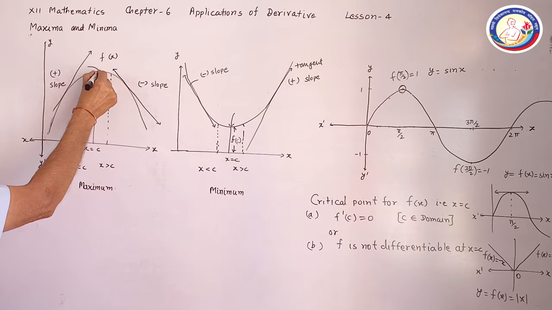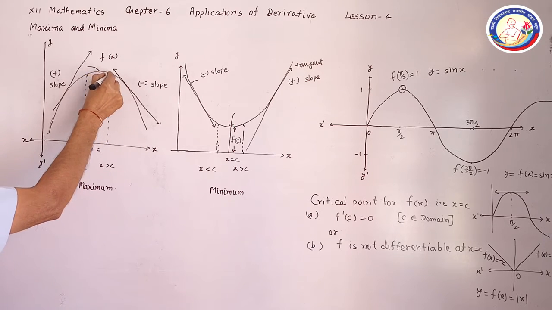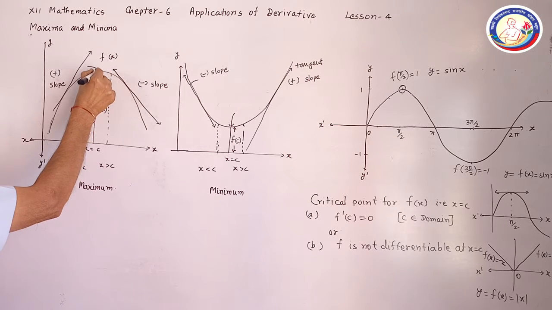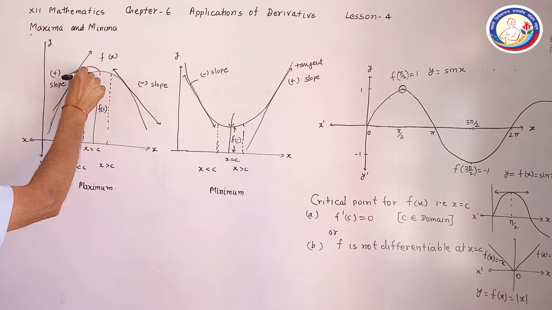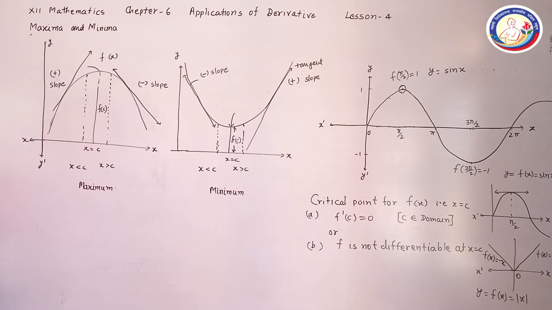This is the peak point; from here to here the values are less than f(c), and here also f(x) is less than f(c). So this is called a point of maximum, and this height, the value of the function at c, will be called the maximum value of the function.